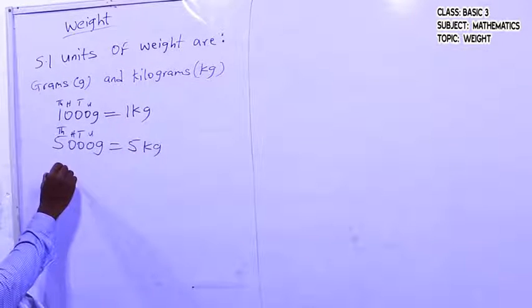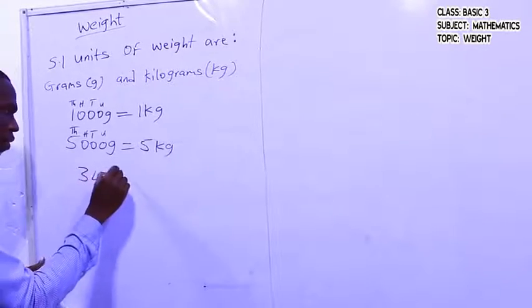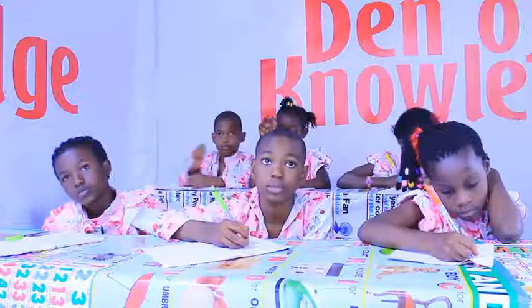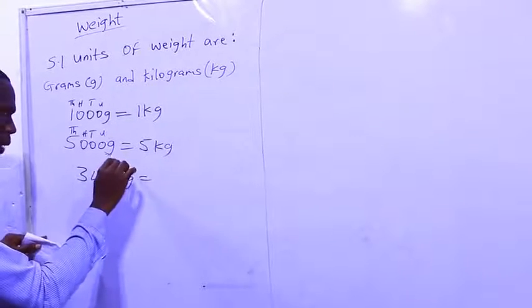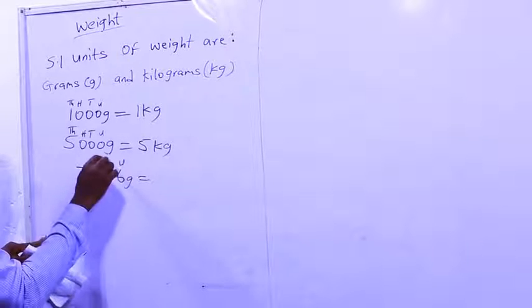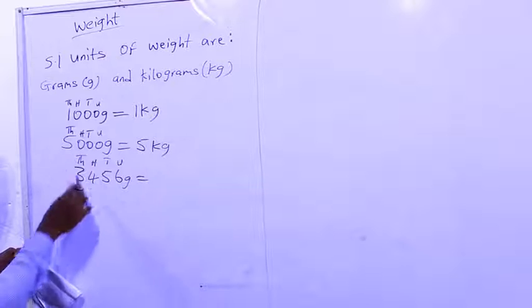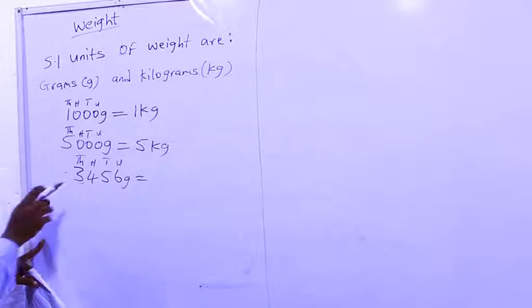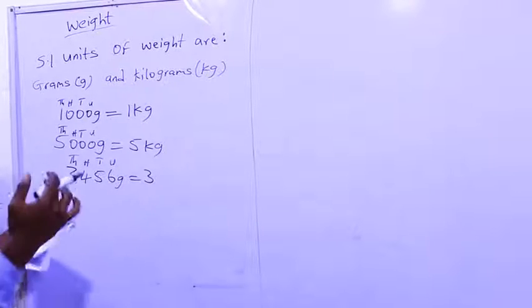If I have 3,456 grams, what will it be under kilograms? I'll put my place values: units, tens, 100, 1,000. Only 3 is in 1,000. That means I have 3. But these ones, what am I going to do?